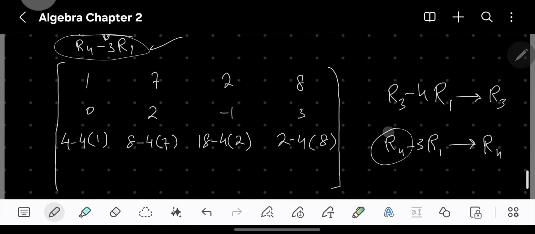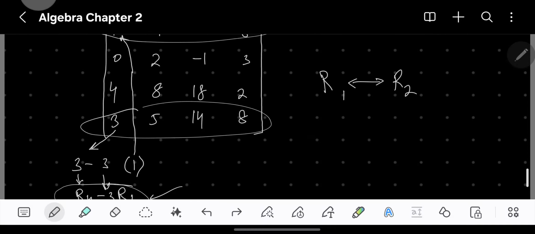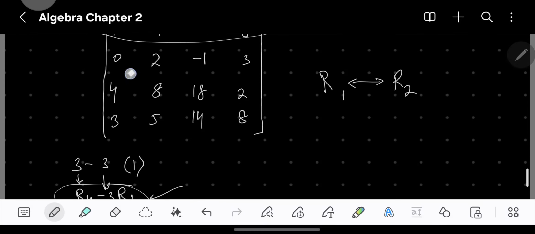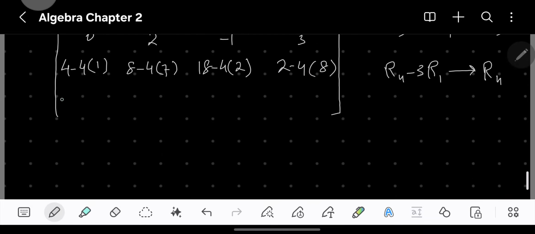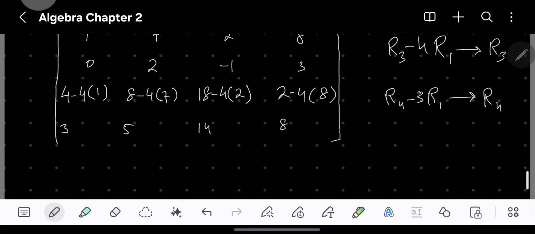First of all, I will write R4. What is R4? R4 is 3, 5, 14, 8. I will write 3, 5, 14, 8. Then minus 3 everywhere: minus 3, minus 3, minus 3, minus 3, times R1.